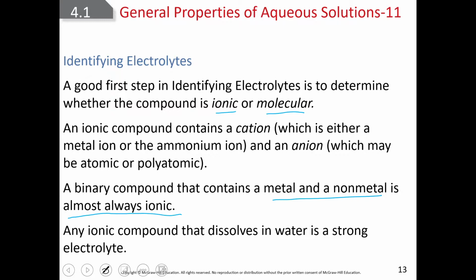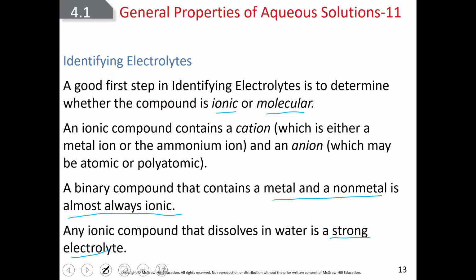They say almost always, but you know, in chemistry, we often cannot exclusively say 100% or 0%. Any ionic compound that is soluble in water is a strong electrolyte. So we have strong acids, strong bases, and strong electrolytes. The strong acids are in the previous couple of slides with your list.